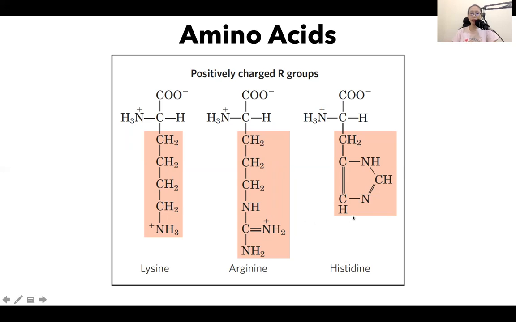In histidine, one of the nitrogens in the cyclic functional group is able to accept a proton. In particular, this is the nitrogen that can accept a proton.